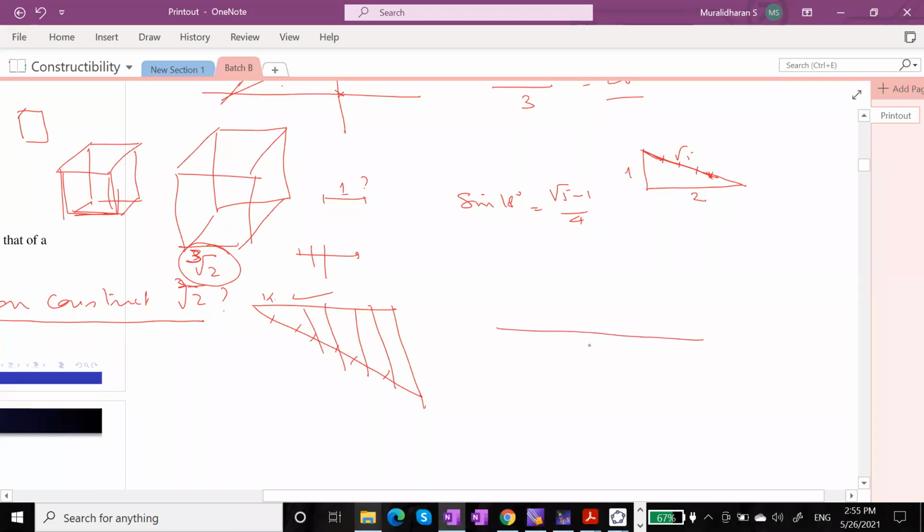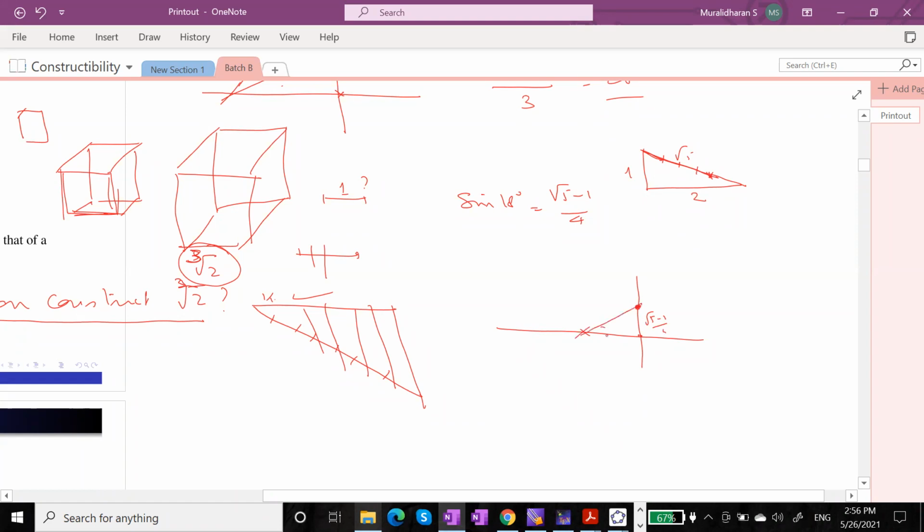So I just take this one, and then I draw a perpendicular. Then take this distance as root 5 minus 1 by 4, take this as the center, take a radius 1 and then cut off this way.